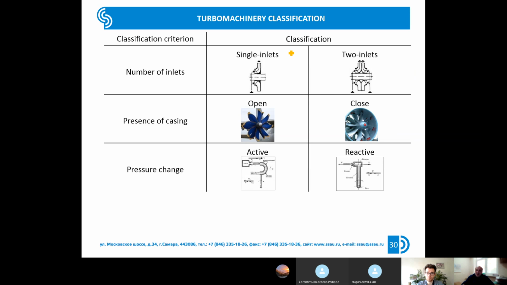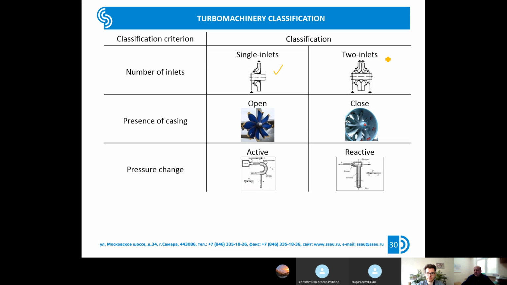And another type of classification is by the number of inlets, single inlet or two inlet. Typically, if we speak about the centrifugal compressor, especially like in this picture, this type is more widely used, but sometimes, especially in old engines, you could find two inlets.